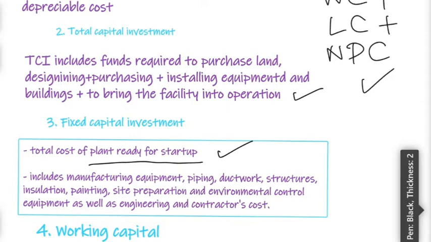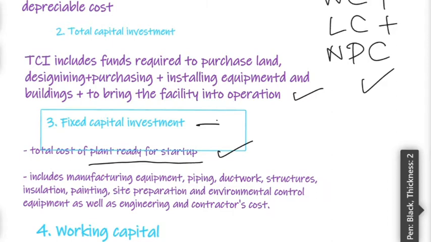Why is it known as fixed capital investment? Because it includes manufacturing equipment, piping, ductwork, structure, insulation, painting, site preparation and environmental control equipment, as well as engineering and contractors cost.